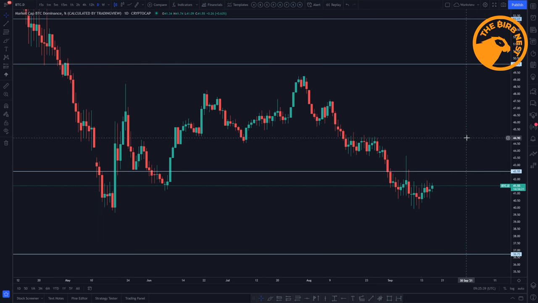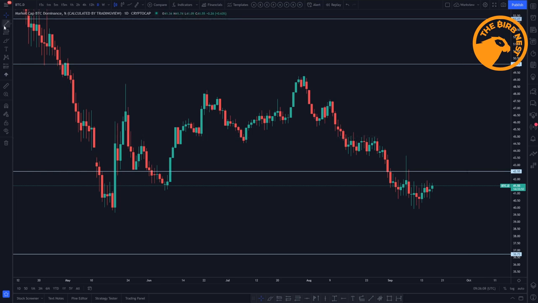You can use this chart to judge whether it's better to be in Bitcoin or in altcoins. I see a lot of people doing technical analysis on this one, but because it's a really noisy chart and it's mostly about trends, I wouldn't recommend going in too deep on Bitcoin dominance with your technical analysis. What I would do is just judge the trends, judge where the market is going.